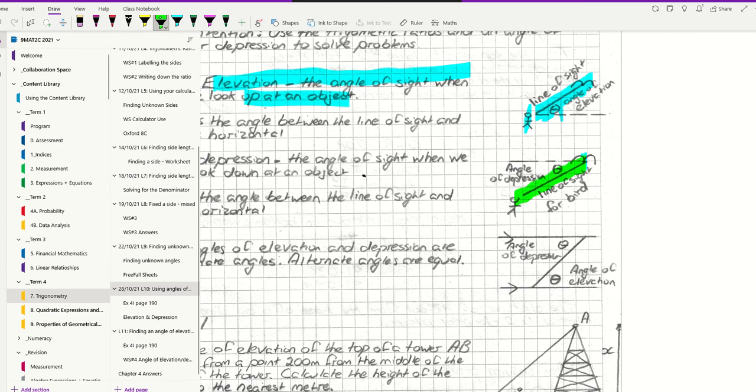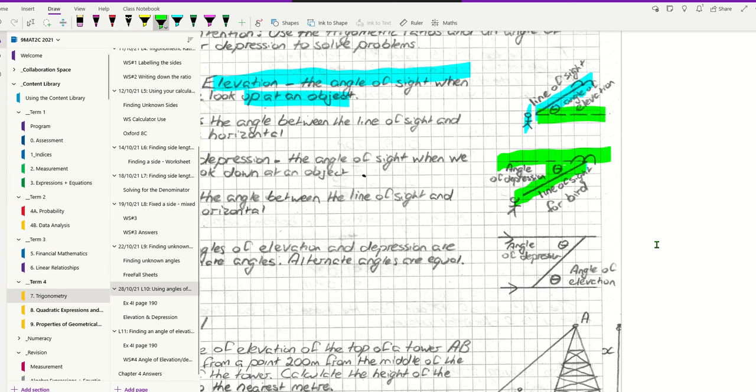The angle is here. Now the angle is always between the line of sight and the horizontal. So if you're here, you're looking down, the horizontal is straight ahead. So the horizontal is up here and the horizontal is down here.